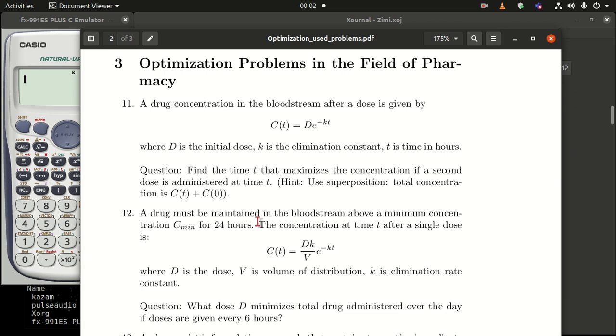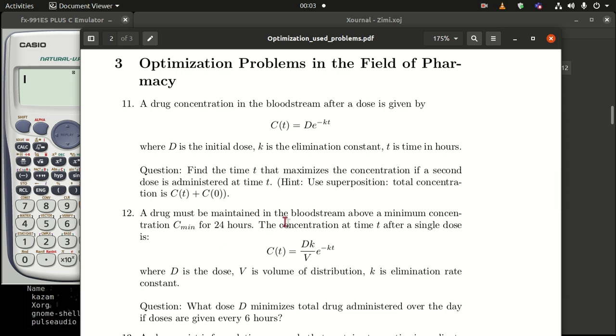When it is too low, the drug is not going to be effective, and when it exceeds a certain limit, it's actually going to be dangerous for a certain patient. So that is why I decided to add these problems.